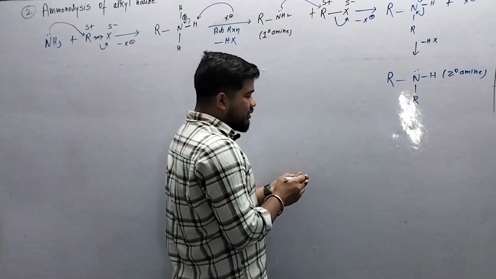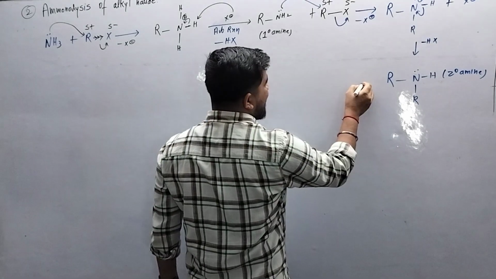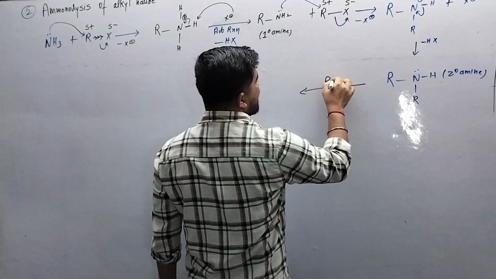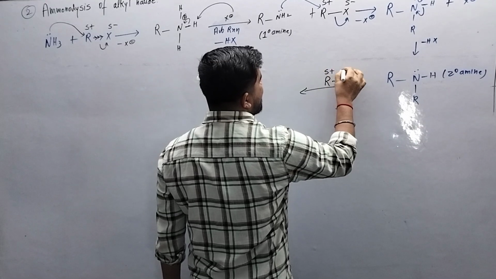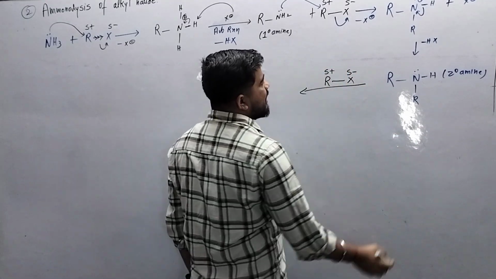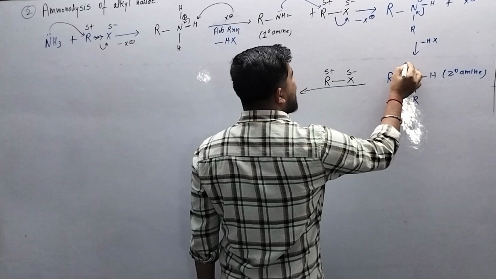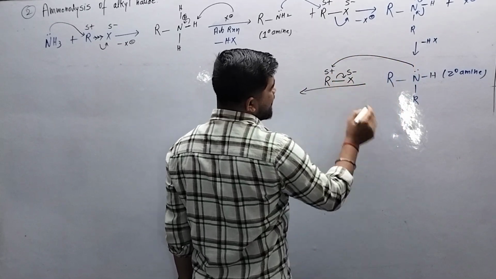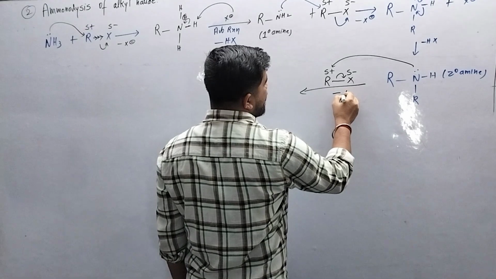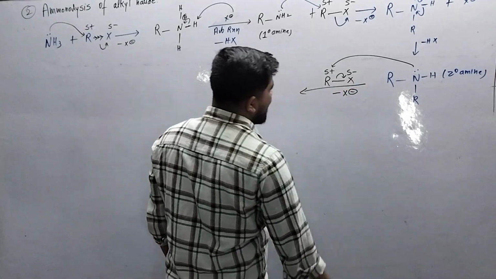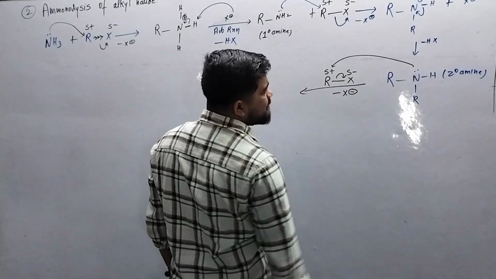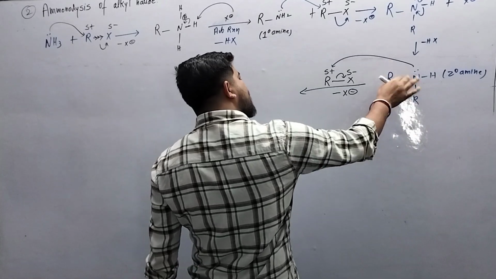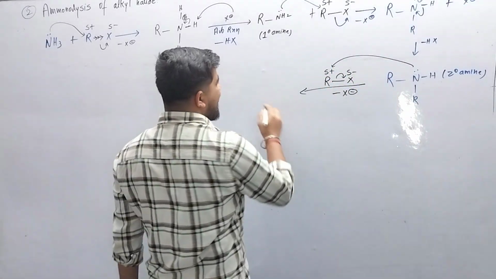That means the 2 degree amine formed is further reacted with alkyl halide. It will donate its lone pair to the alkyl, and again the halogen is removed as a leaving group. Now nitrogen acquires a positive charge because it donates its lone pair to the alkyl halide.